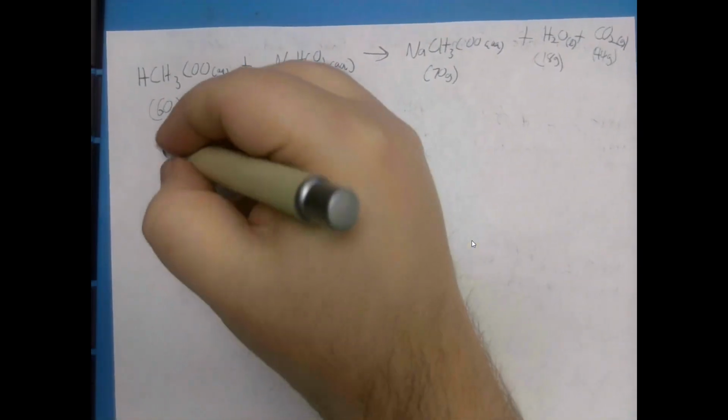Makes sense? So 1 mole to 1 mole gives you 1 mole of that, 1 mole of that, 1 mole of that. So here's the question.